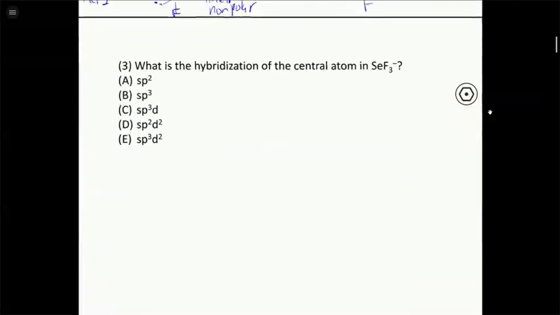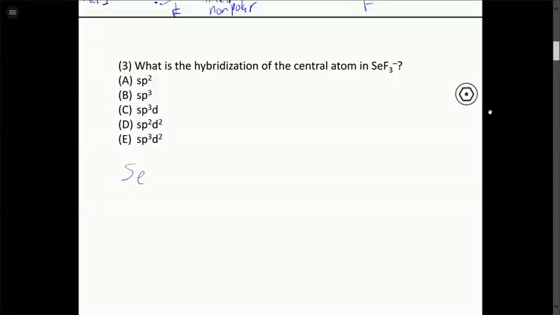Now we're talking about hybridization, and this is on purpose, so I could save ourselves a little bit of time. This is the same structure that we talked about on the first question, SCF3-, and we want to know what's the hybridization of the central atom. A lot of this follows from what we've already determined for this molecule, which is the electron group arrangement and all that stuff.